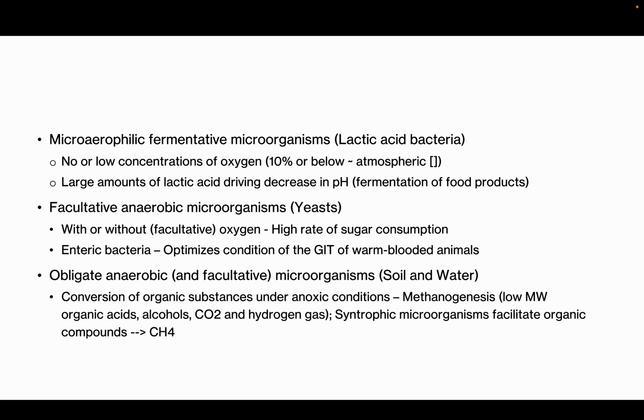Okay. For the case of enteric bacteria, those that carry out facultative anaerobic respiration can optimize the condition of the GIT of warm-blooded animals. So actually, enteric bacteria have co-evolved with warm-blooded animals, and their facultative anaerobic processes within the GIT have optimized the nature of the GIT over time.